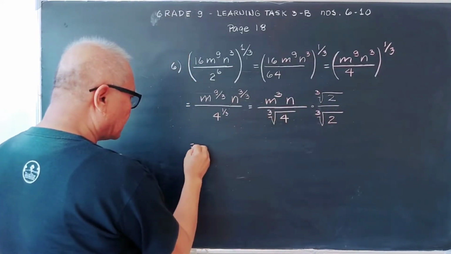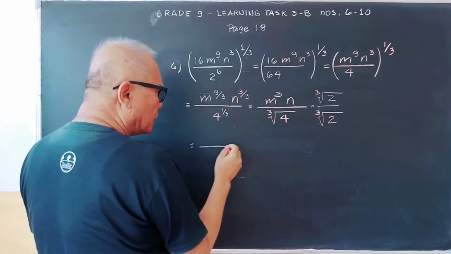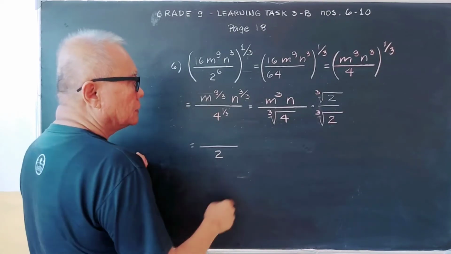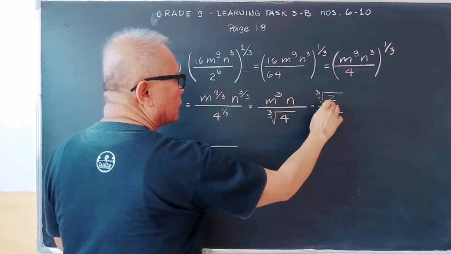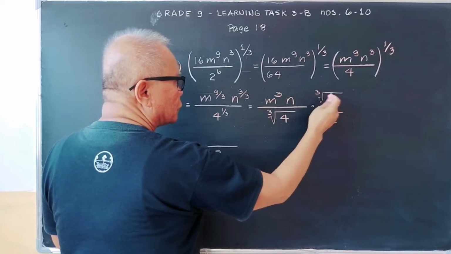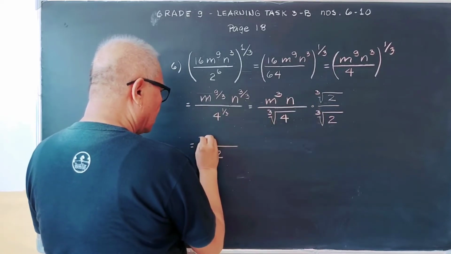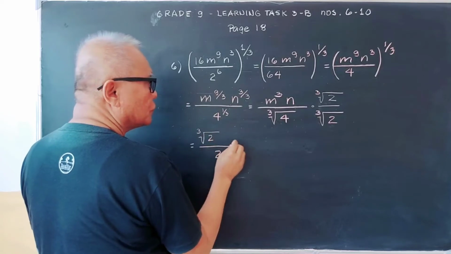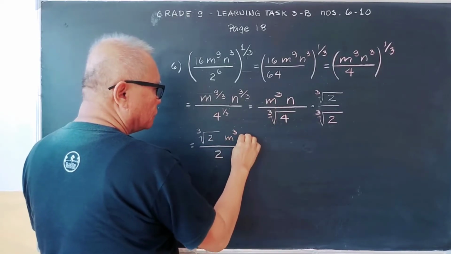Pag multiply natin, ito, magiging cube root of 8, and cube root of 8 is 2. O, ayan. Tapos, multiply natin ito. Hindi maaari mag-multiply yung m cube n sa loob ng cube root of 2. So, unahin natin yung numerical coefficient na ito. So, we have cube root of 2, tapos kopya ito. M cube n.